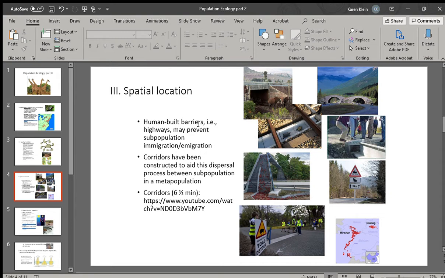One thing that cuts off or destroys corridors that we're very familiar with is roads. These big interstates cut off one habitat from another, where animals cannot cross from one patch to another.